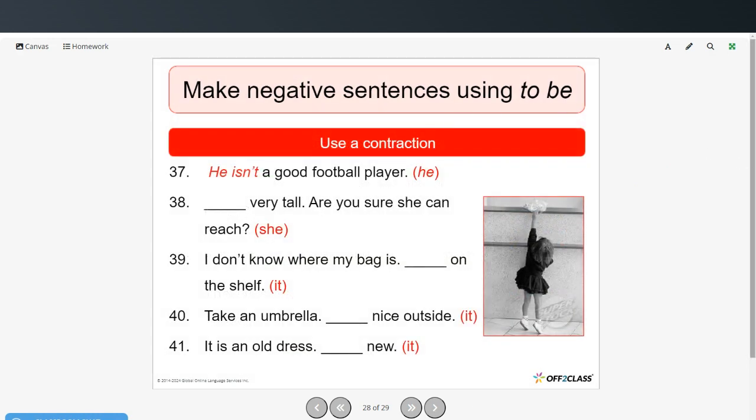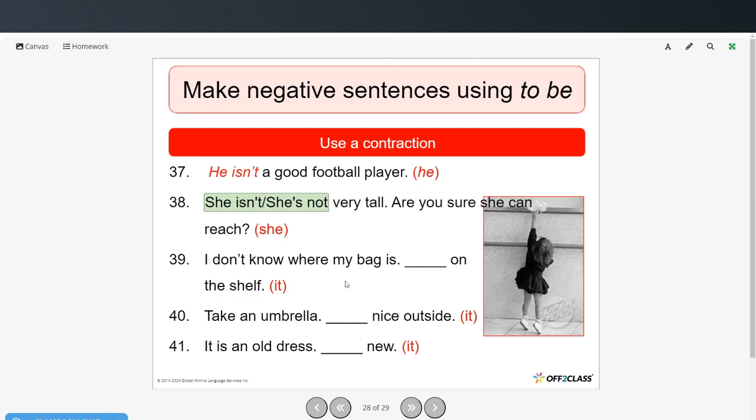All right, so now we're going to do the same things, but this time you're going to use a contraction for the verb to be. Again, pause the video, try this on your own, and then restart when you're ready to check the answers. So here you could say, she isn't very tall, or she's not very tall.